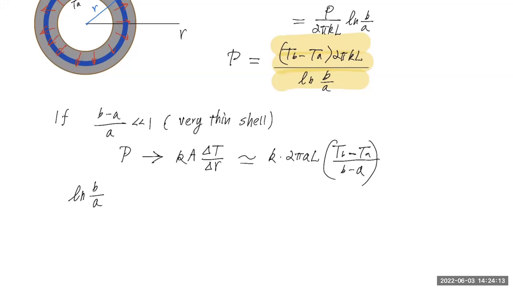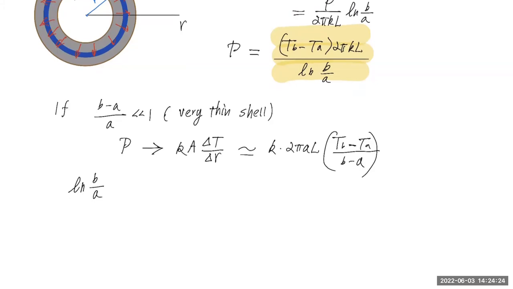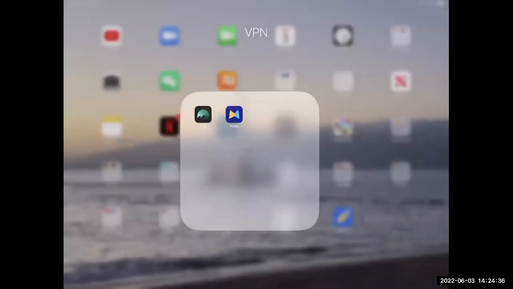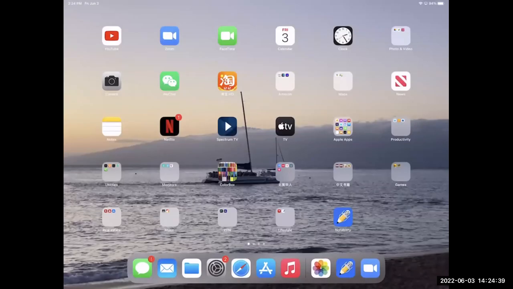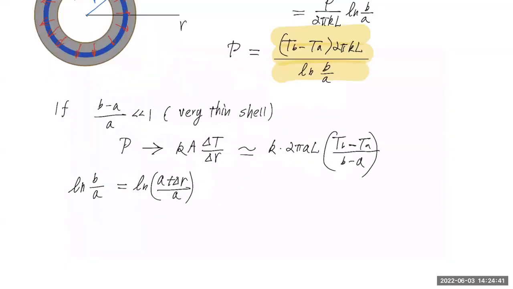Okay, the argument here is B over A, but since B and A are pretty close to each other for a thin shell, when we look at the case where the shell is very thin, mathematically, I can write this as natural log of A plus delta r over A. Why not? Because B is A plus delta r, delta r being the thickness of the shell, and the thickness is very close to 0.